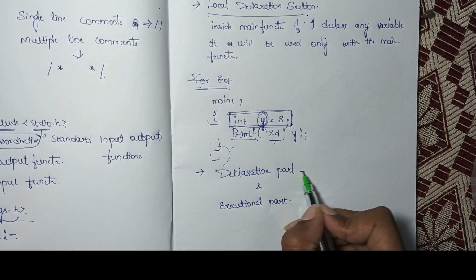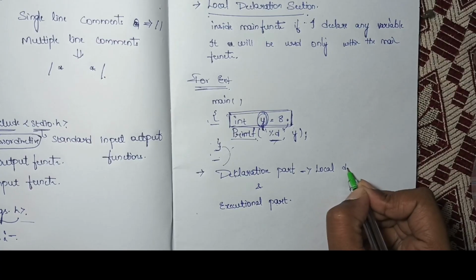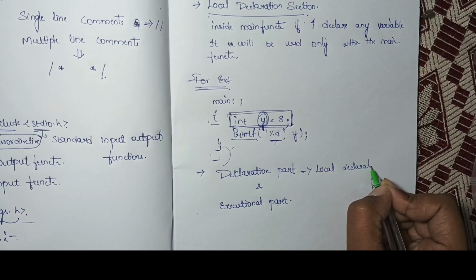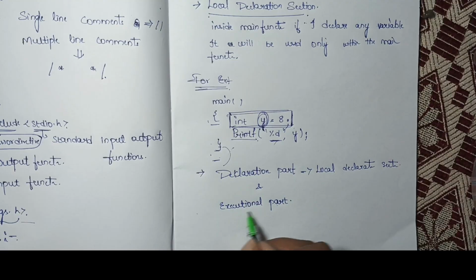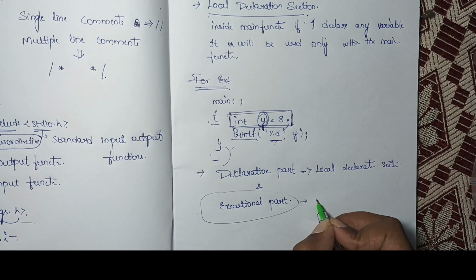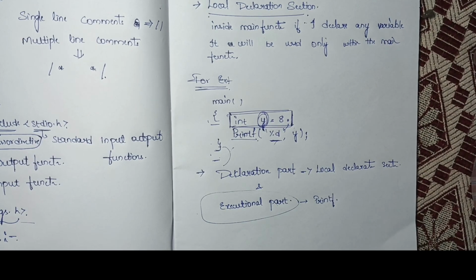The declaration part consists of local variable declarations, which I have explained before. In the execution part, we will be writing printf or scanf functions to execute the program or to give the output to the user.